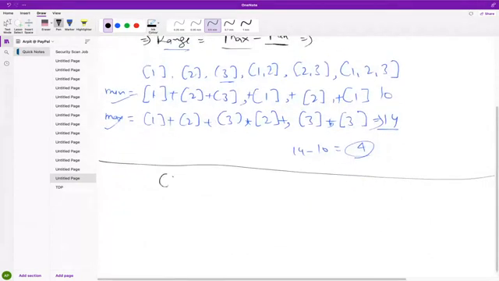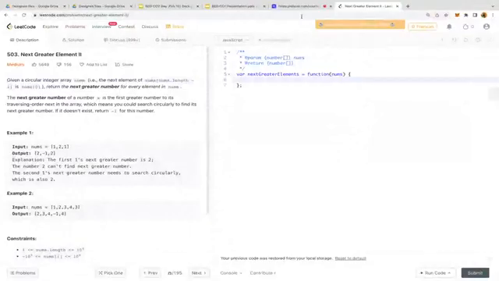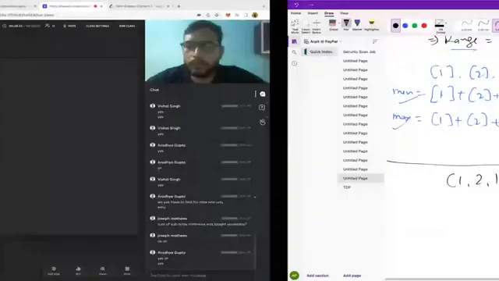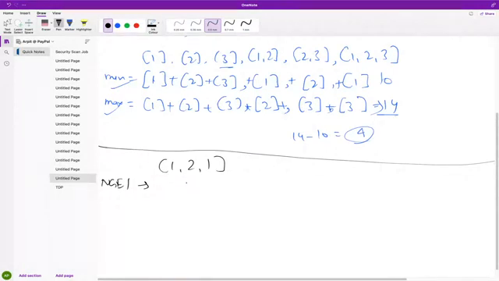Let's take the same array which they have taken in the example, 1, 2, 1. If you remember, in next greater element 1, what happened when we found the element? We look at the right side. For 1, 2 would be the greater.